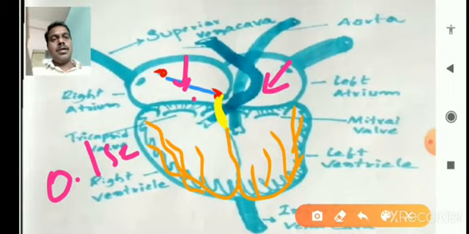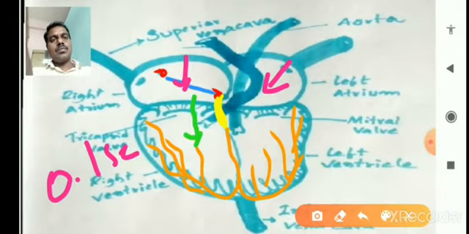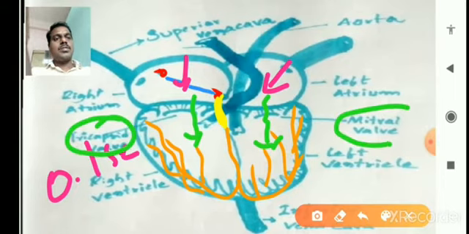Then the blood flows into the right and left ventricles, through the tricuspid valve and the mitral valve. Here the valves are open now. When the blood is transferred, the tricuspid and bicuspid valves are open.